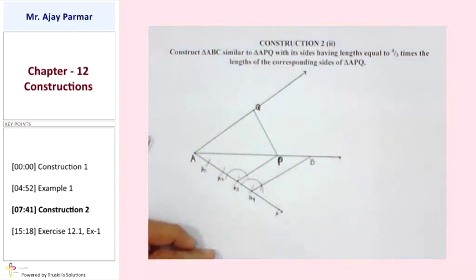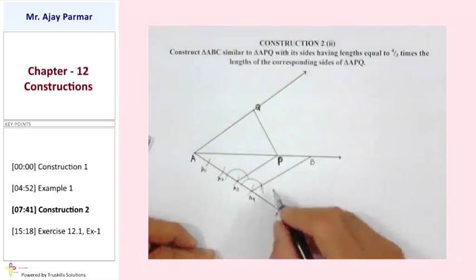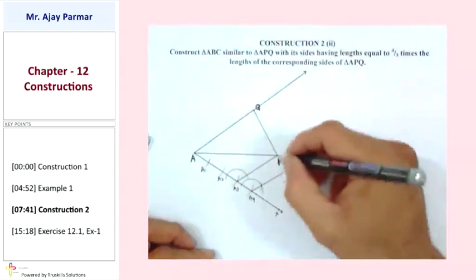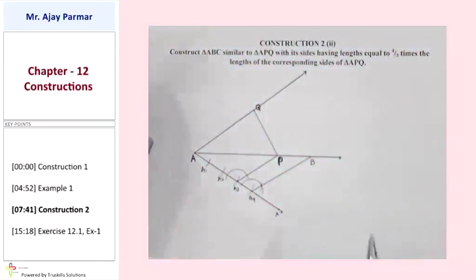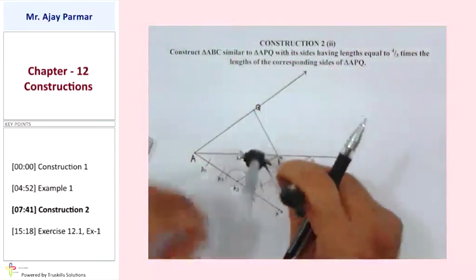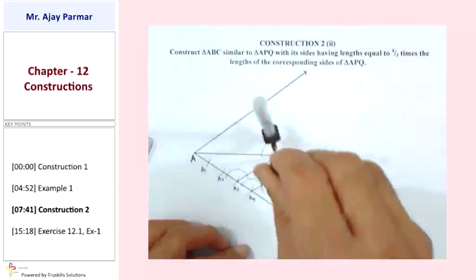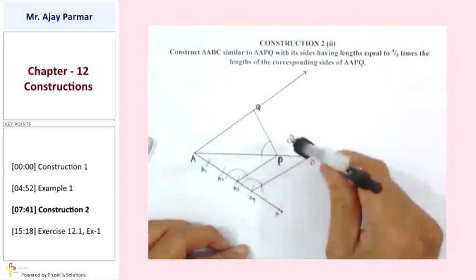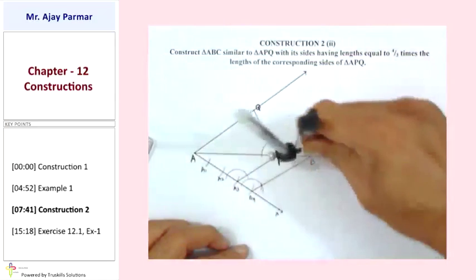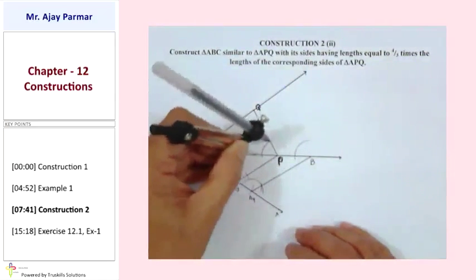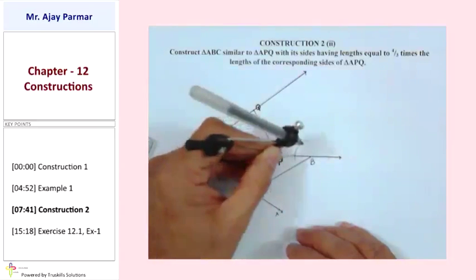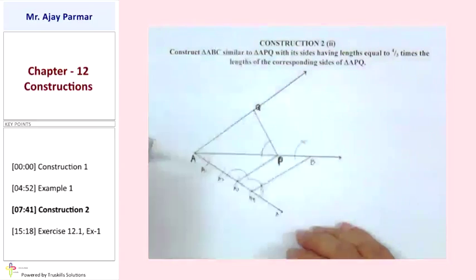Now once again, I am supposed to draw a line segment which is passing through B and should be parallel to PQ. So for that, once again, the construction of congruent angles. Any arbitrary radius, but now the same radius. Now measure, what is this measurement? Radius. Coincidentally, it is exactly the same thing. And same way over here.